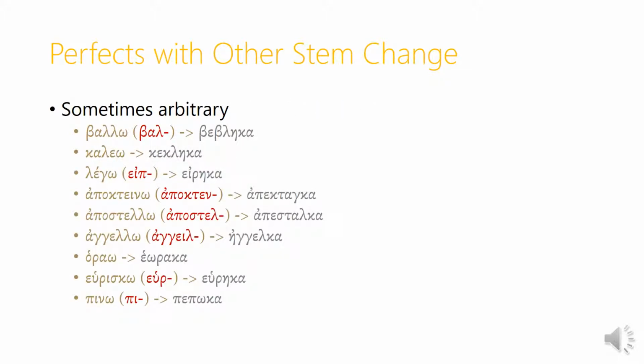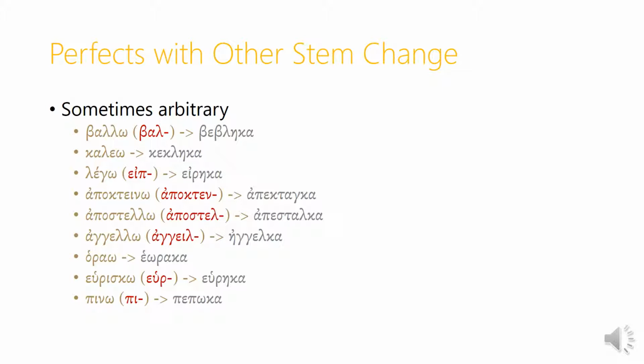Sometimes instead of regular reduplication of the stem, we end up with some fairly arbitrary stem change, a little bit like the stem changes we saw in second aorist verbs. So balo, which has the aorist stem bal with a single lambda, doesn't use that bal stem, but uses a stem that's something like bla.